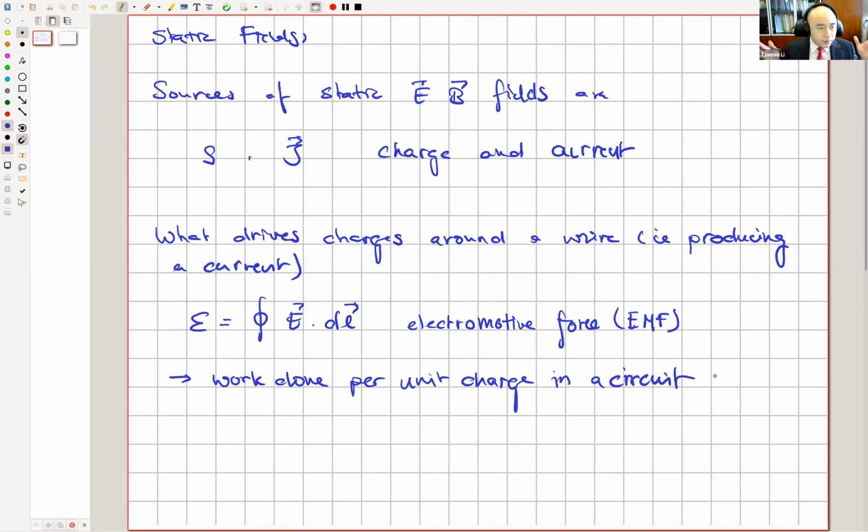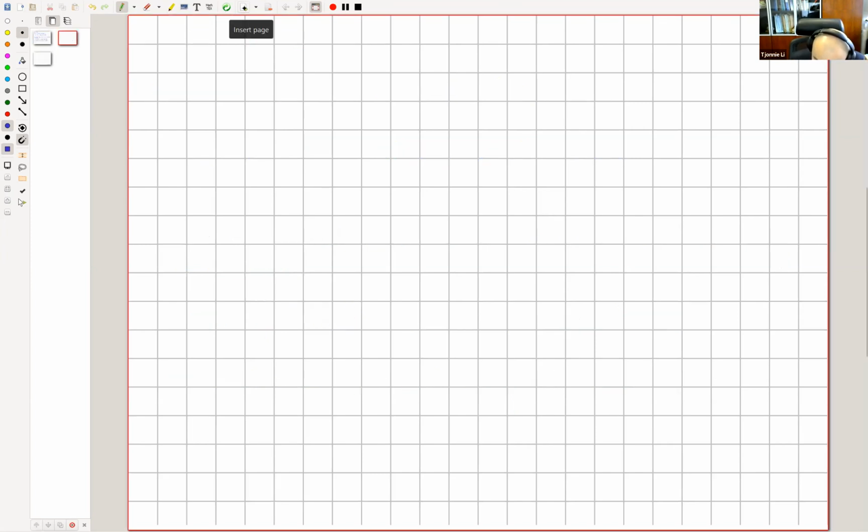Okay, and so one of the seminal things that Faraday showed in relationship to what is driving currents around, and also the consequences of currents, are encapsulated by Faraday's experiments.